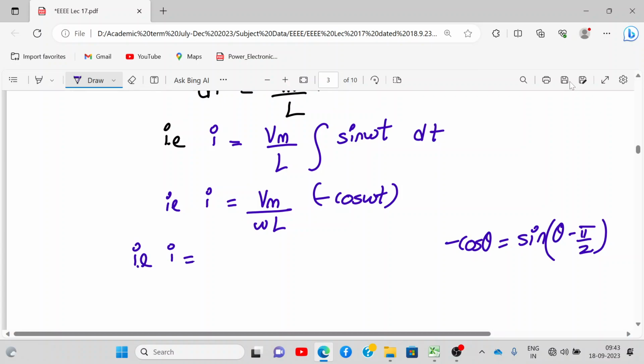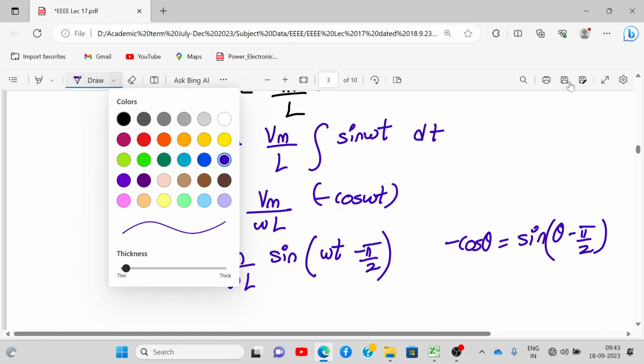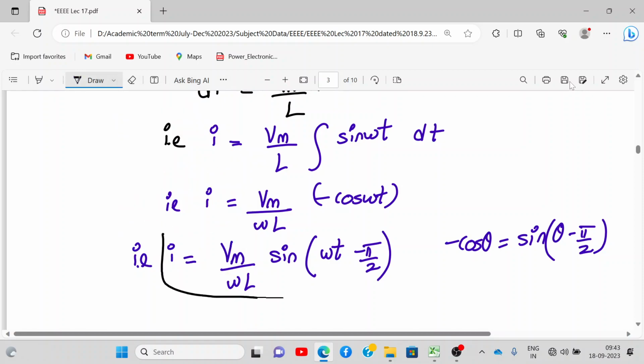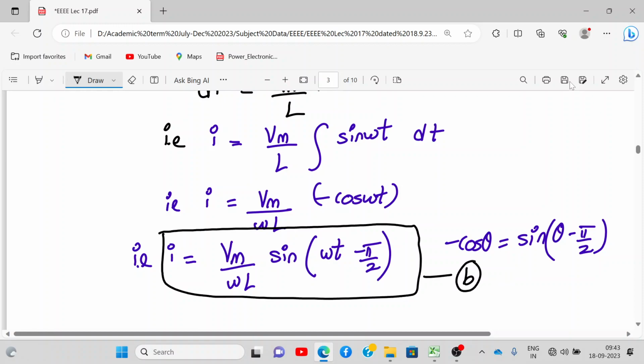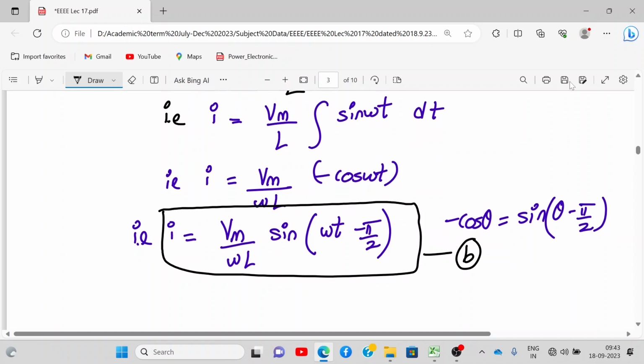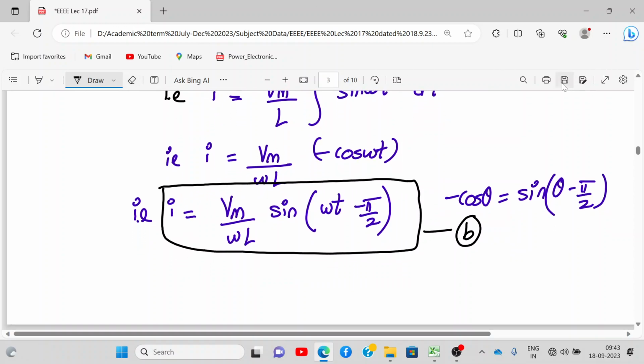That is I is equal to Vm upon omega L sine of omega t minus pi by 2. Why do we convert into sine? Because we want to compare with the standard form. Understood how we got it? This is expression number B. So please note it down: Vm upon omega L sine of omega t minus pi by 2.